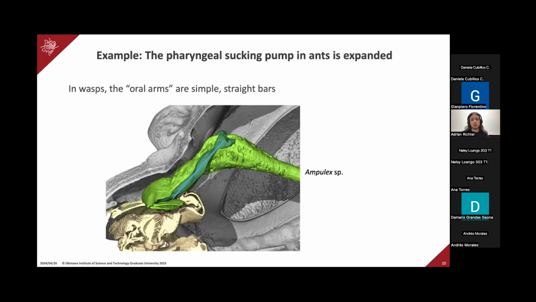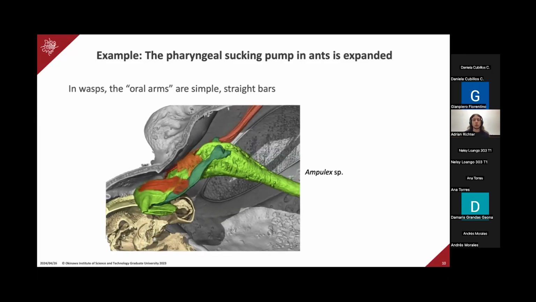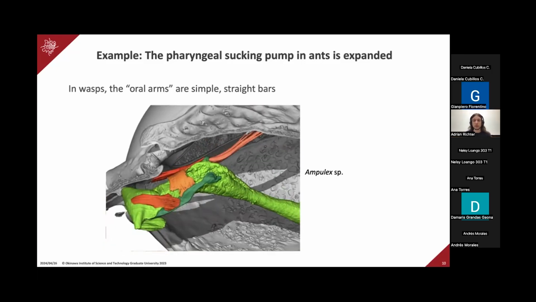And in wasp species, such as this Ampulex, which is a digger wasp, these are just straight bars, very simple structures. You see that there's this little wing at the end. And the function of these oral arms is basically to stabilize the sucking pump, but also to serve as points for muscle attachment.